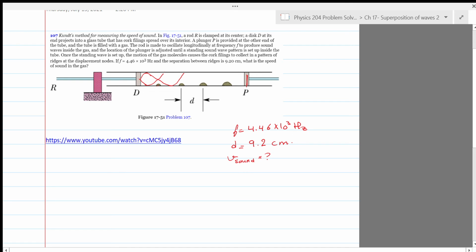This is our second node. So this is at the node location. We have these ridges that are forming due to our wave. Now, this distance that we are given, which is 9.2 centimeters, it will be basically the distance between two successive nodes.